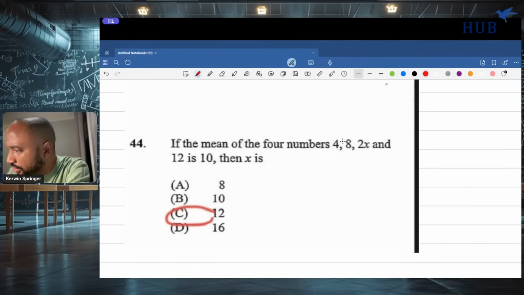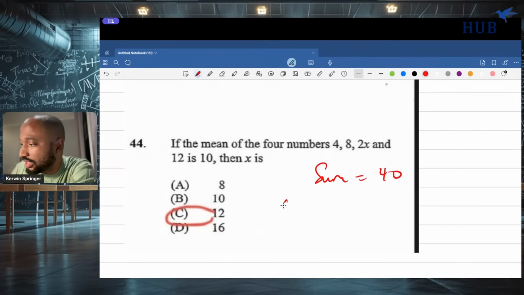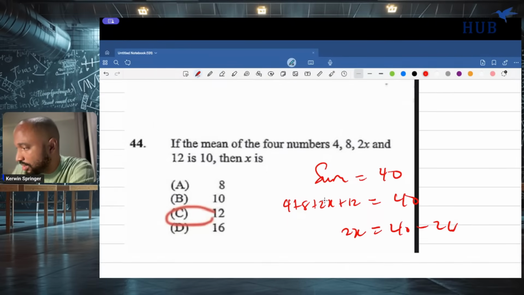If the mean of the 4 numbers is 10, then x, right? So this is one where it's different. So 4 numbers, mean is 10. So the sum is 40. So we're going to say 4 plus 8 plus 2x plus 12 is equal to 40. The 4 numbers add to give you 40 now. So then 2x is equal to 40 minus 24. So you have 16. 2x is equal to 16.